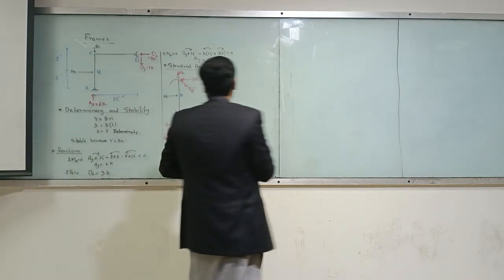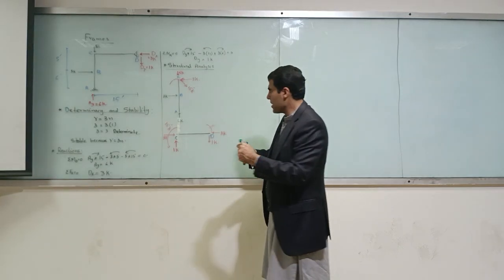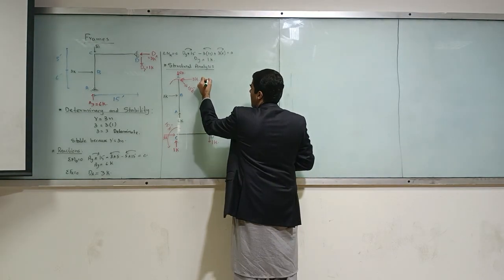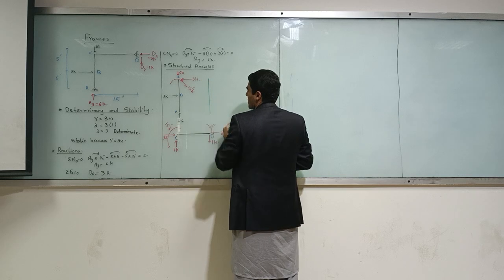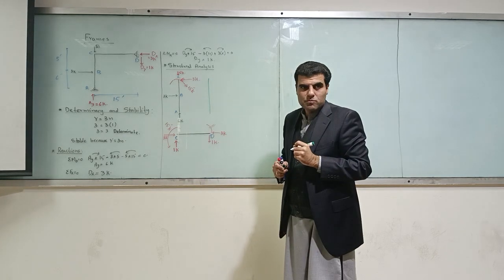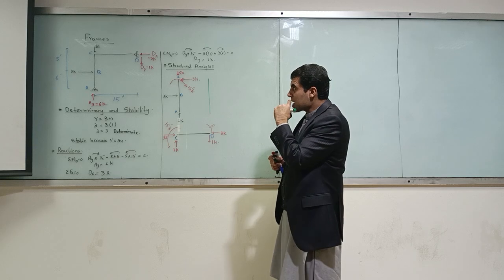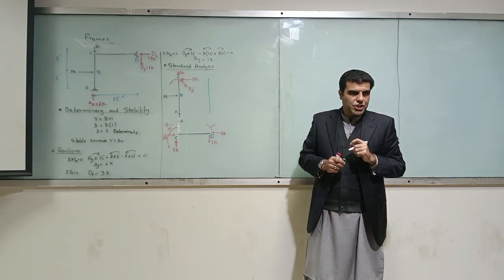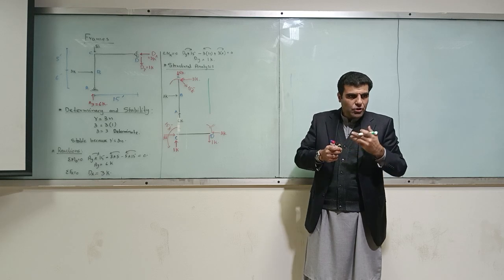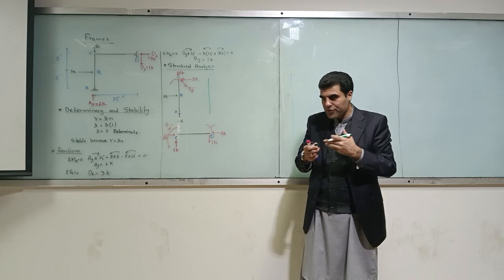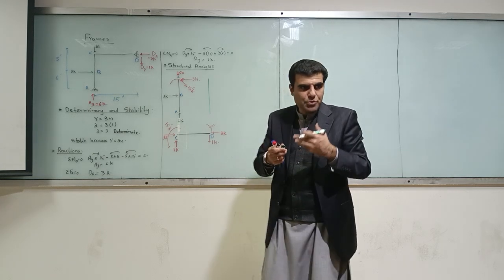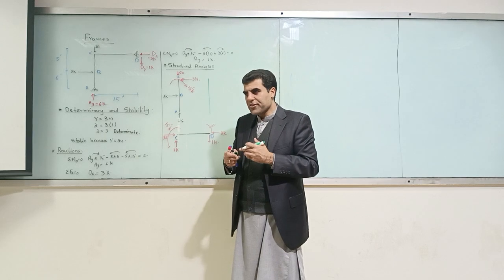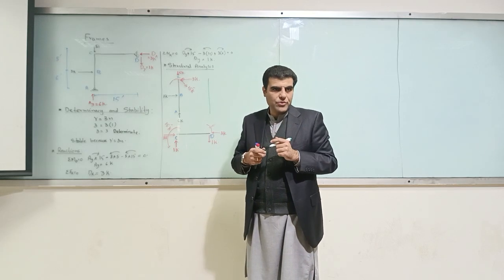Now let's quickly draw the shear force and bending moment diagram for this one. Shear force diagram. For the shear force diagram, we will make a convention: all those forces which are capable of producing shear in the structure are positive if they cause clockwise rotation.